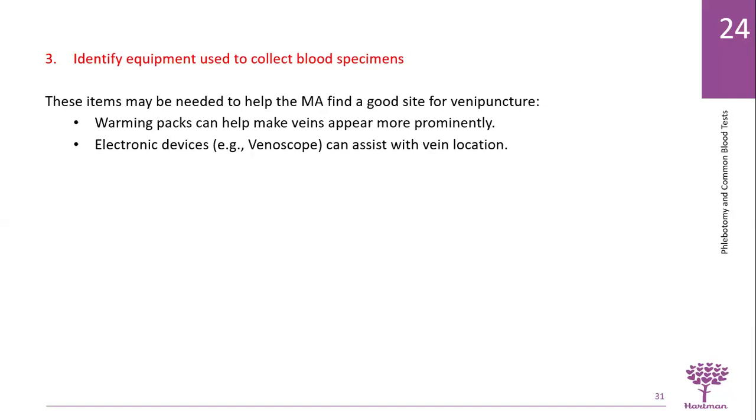Sometimes, especially when you're drawing blood from infants through capillary puncture on their foot, the heel, you're going to need a warming pack. And even sometimes for veins, it'll make the veins more prominent. You may also need an electronic device if you have a person who is difficult to find a vein on. A venoscope can help assist with vein locations.